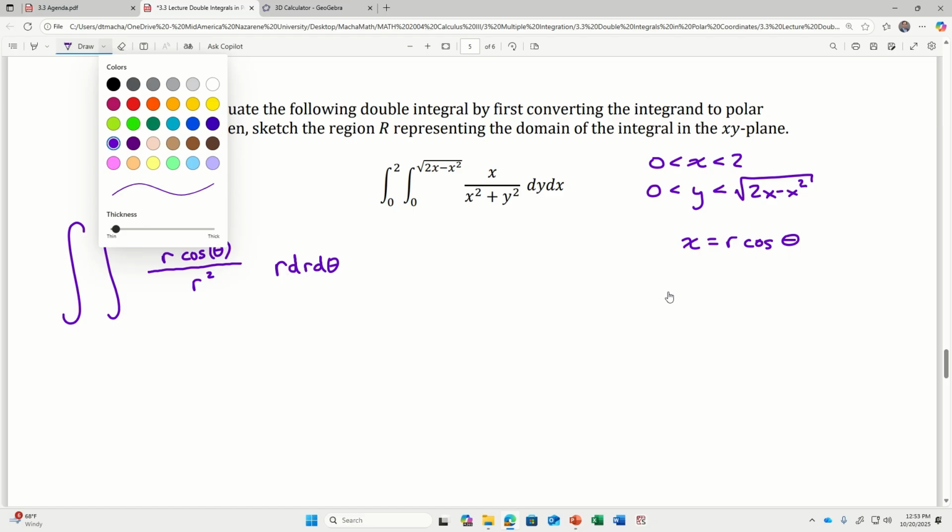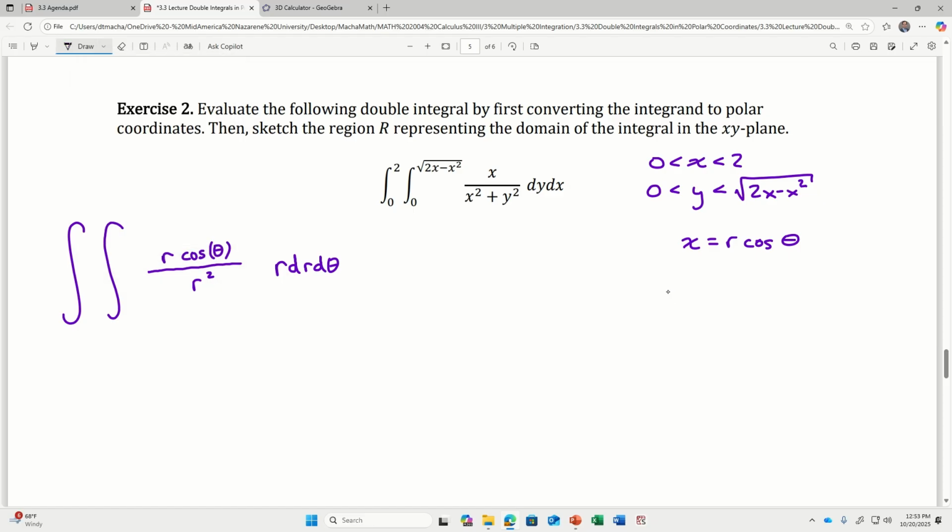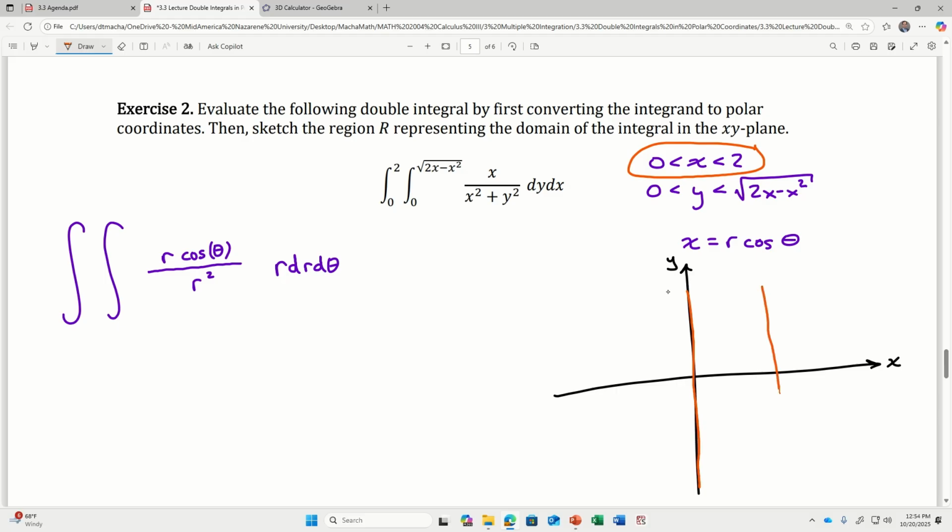So the tricky part here is figuring out what do I label for my lower bounds and my upper bounds. Right? What is the lower bound and upper bound on theta? What is the lower bound and upper bound on r? And so we got to sit here and figure out in my xy plane, x can only be between 0 and 2. So there's 0, here's 2.